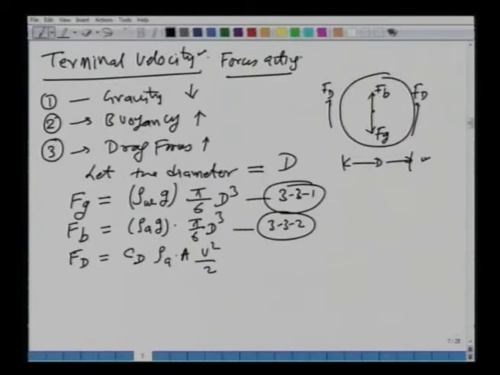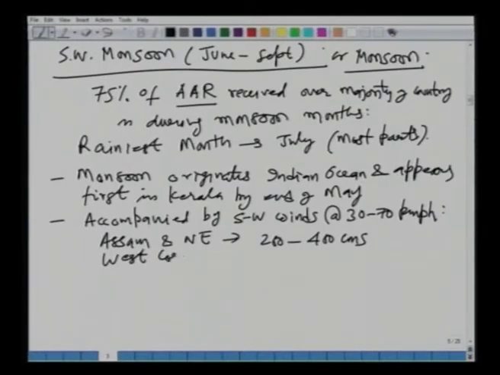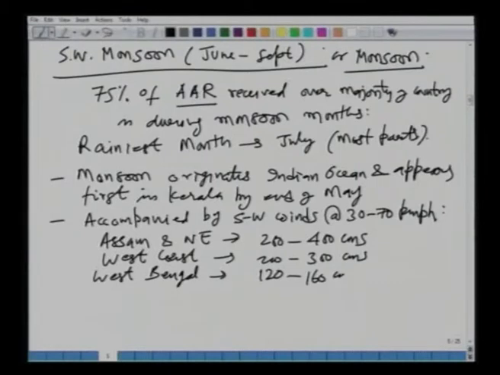The west coast, including Mumbai, the rainfall is of the order of 200 to 300 centimeters. The West Bengal and close by areas, the rainfall is small, of the order of 120 to 160, but nonetheless it is close to the average rainfall.